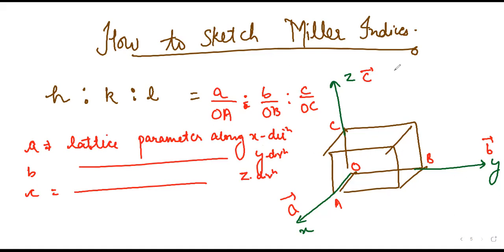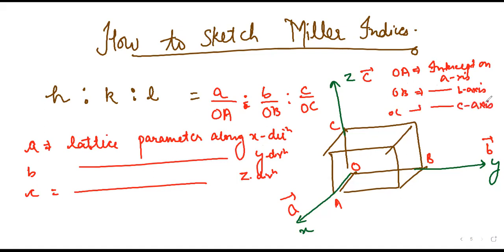And what is OA here? OA will be the intercept on the A axis, OB similarly the intercept on the B axis, and OC will be the intercept on the C axis. Any doubt here?